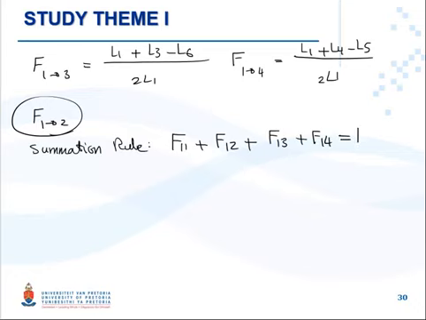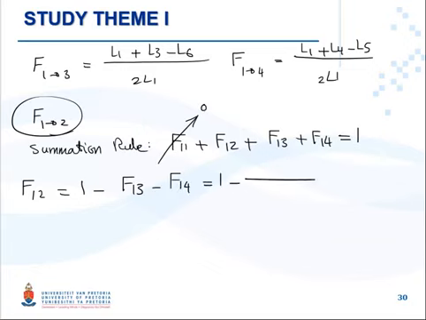The surface is a plane surface, so F11 is equal to 0, and F12 is equal to 1 minus F13 minus F14. So it's equal to 1 minus L1 plus L3 minus L6 over 2L1, minus L1 plus L4 minus L5 divided by 2L1.